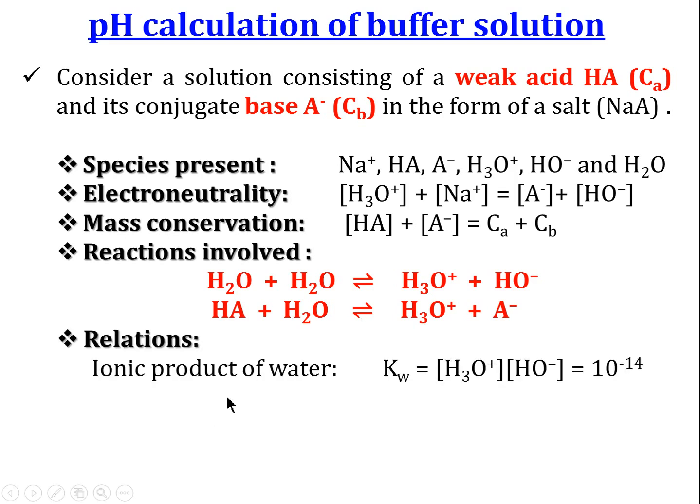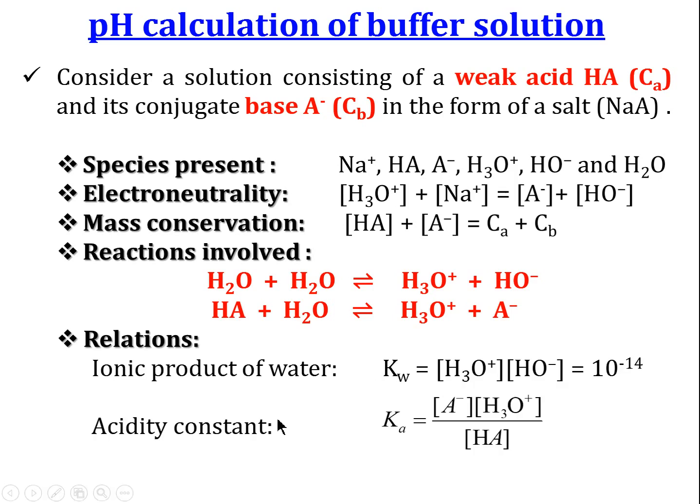So what are the relations involved? We have Kw: [H3O+] times [OH-] equals 10 to the minus 14. And we have the Ka of the couple HA/A-, equal to [A-] times [H3O+] divided by [HA] in the final solution at equilibrium.